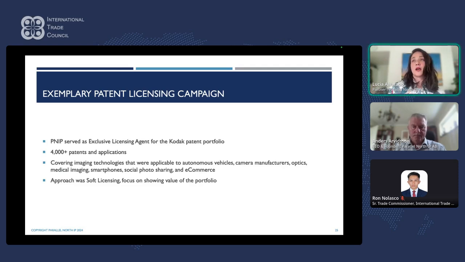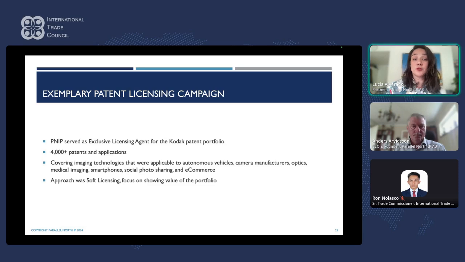This is one where Parallel North IP was engaged as the exclusive agent to license out a huge portfolio. You, of course, have heard of Kodak, but Kodak had almost 5,000 assets, and they were looking to license them out to entities outside of the camera space. Maybe that space has already been licensed before.